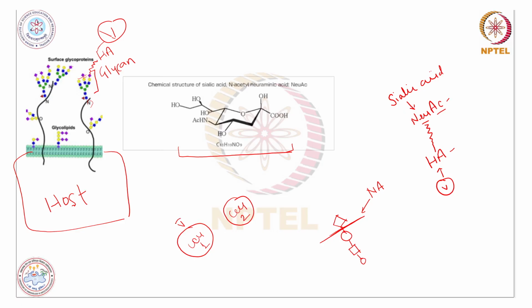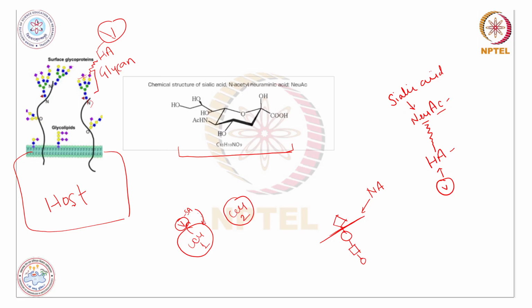If this virus is getting outside from this cell, but it contains the sialic acid on its surface, then it can again reattach to the same cell because this cell already contains these proteins, so it can get attachment here.